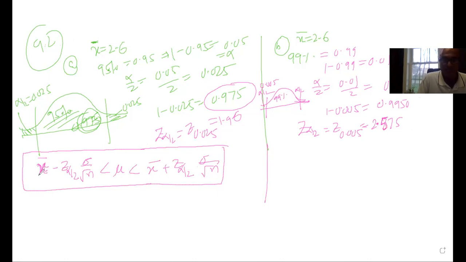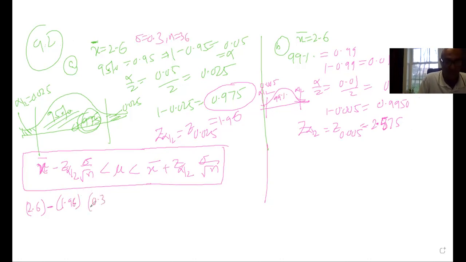So just plug in the values. x bar is 2.6, minus z alpha by 2, which is 1.96. Sigma is given to you, and in this example sigma is 0.3, and n is 36.